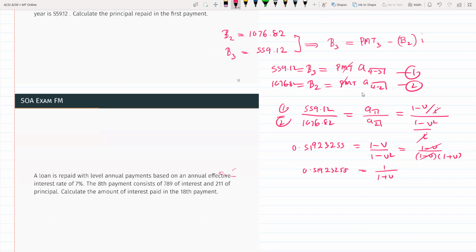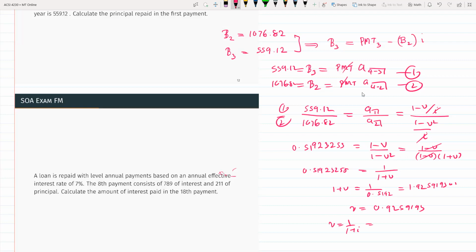Let's solve for this one. So you get 1 plus v equals 1 over this. You would get 1.92591930, and then you would get v is 0.9259193, and then v equals 1 over 1 plus i.